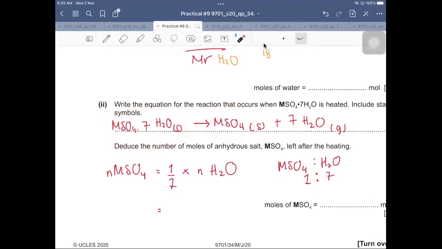My answer from part 2 here tells me the number of moles of metal sulfate. And because it is 1 to 1, I can say that the number of moles of my metal sulfate dot 7H2O is the same. Are you all following here? Okay.